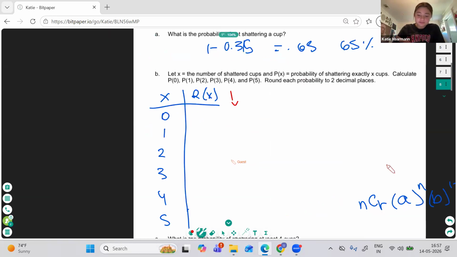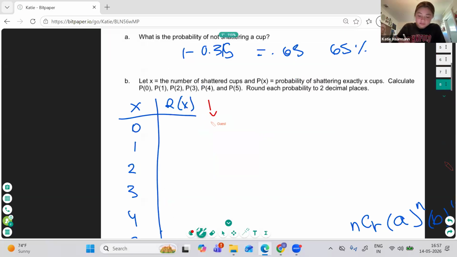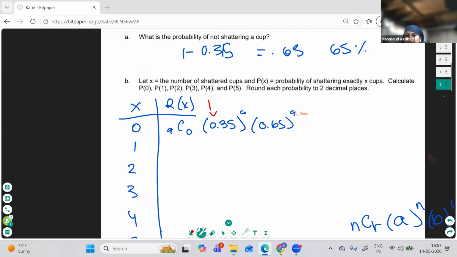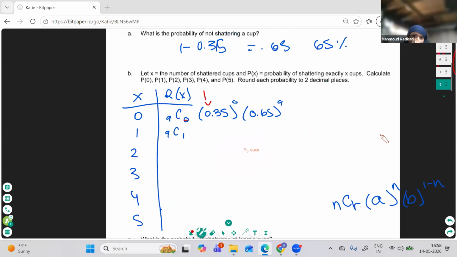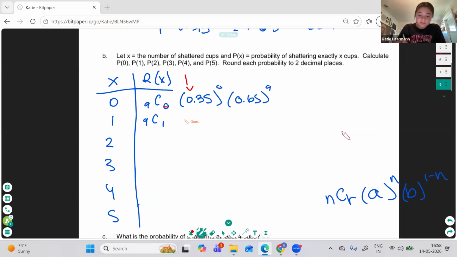Would you do 5 or 9? No, 9 minus 0. That's it. This 0, 1, 2, 3, 4, 5 represents the r value, the numbers that you're writing in the subscript below. We're only finding for 5 cups, right? Yes.